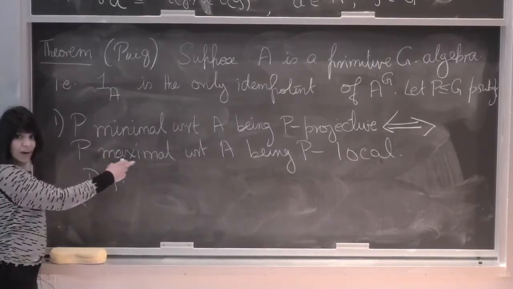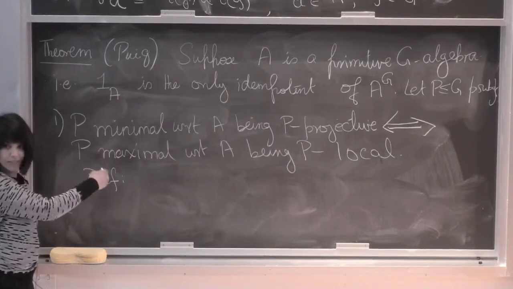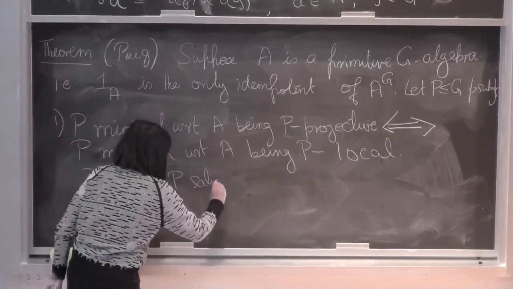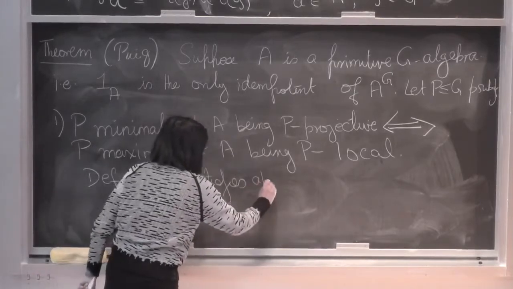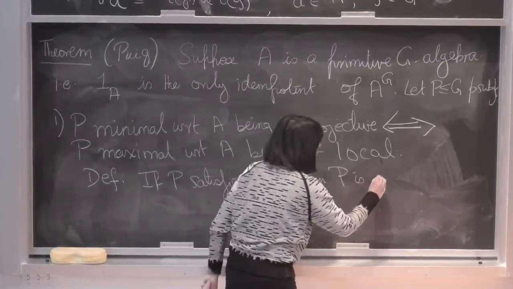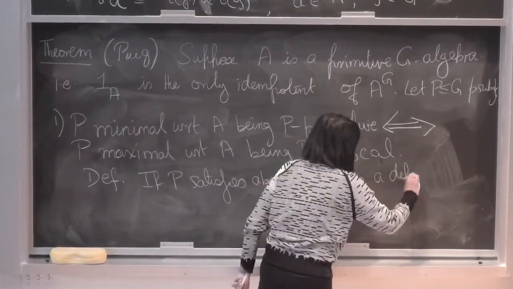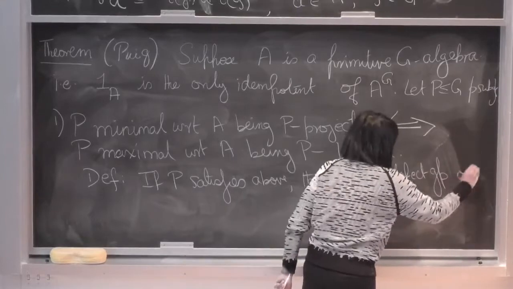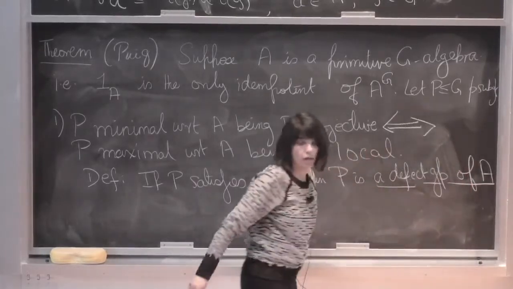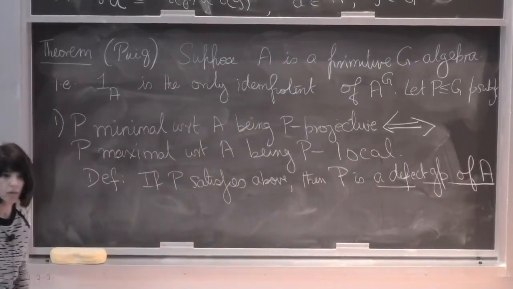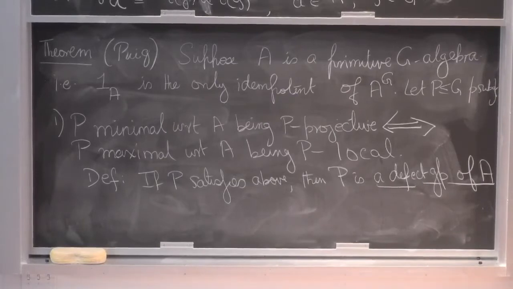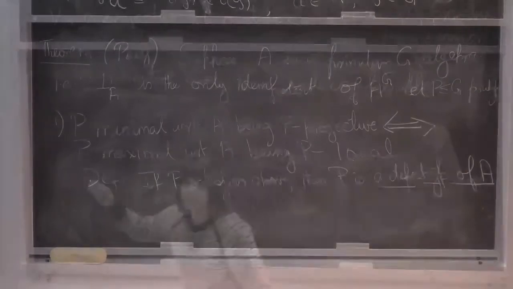So if P satisfies these two equivalent conditions, then P is called a defect group of A. Because it already came up in Gabriel's talk, he used the word vertex.